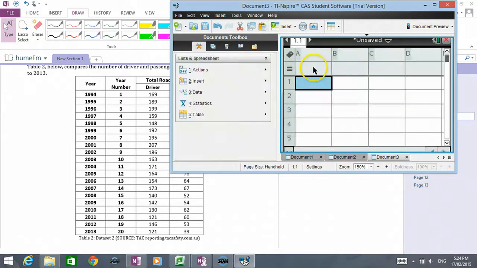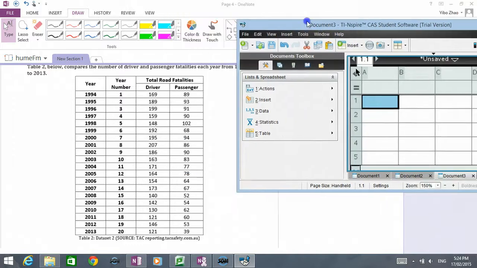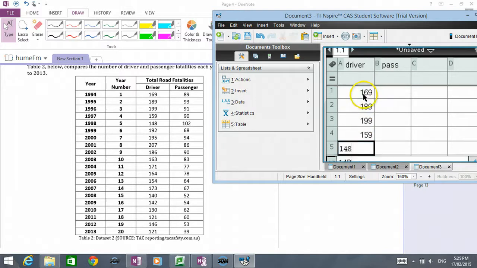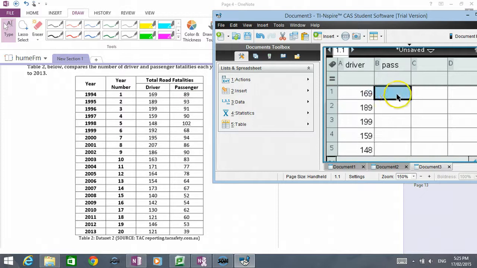We go to spreadsheet. Then I need to enter all those numbers in. Step 1, I put down driver. Then on column B, I have passenger, I just write down pass. Then I have to enter all these numbers in.